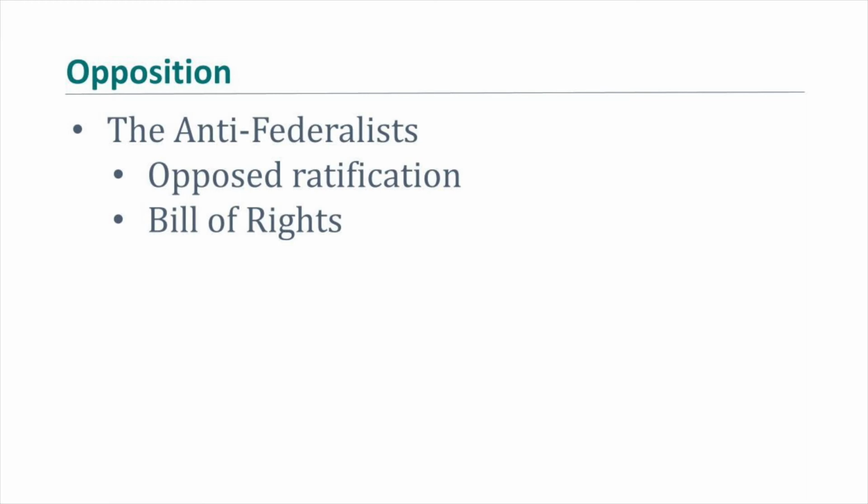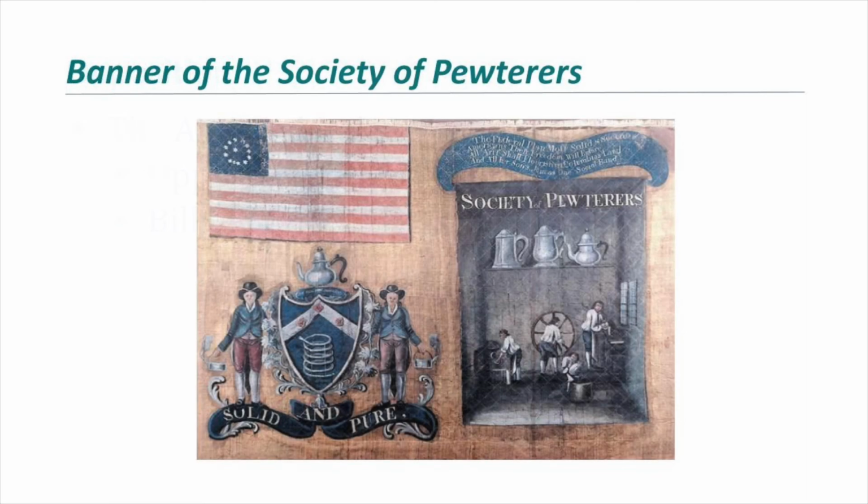Now, here is a banner carried by one of the many artisans that took part in New York City's Grand Federal Procession of 1788, celebrating the ratification of the Constitution, which I showed you the list of before. The banner depicts artisans at work in their shop and some of their products.